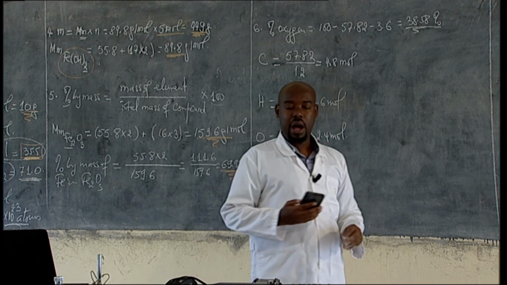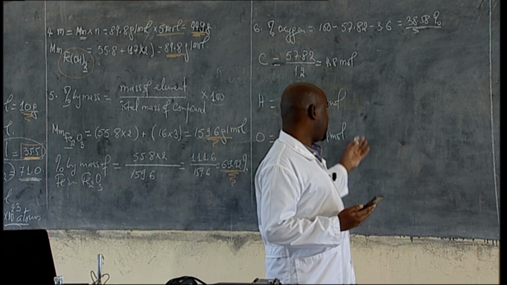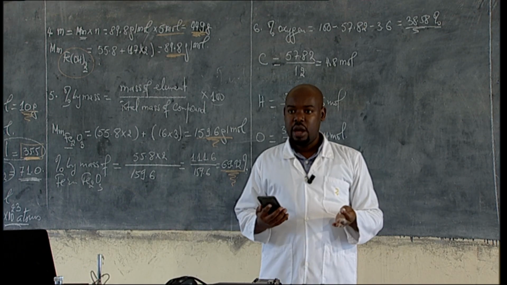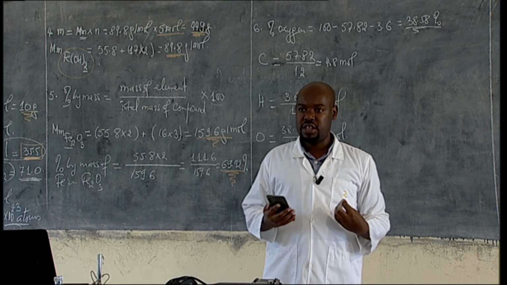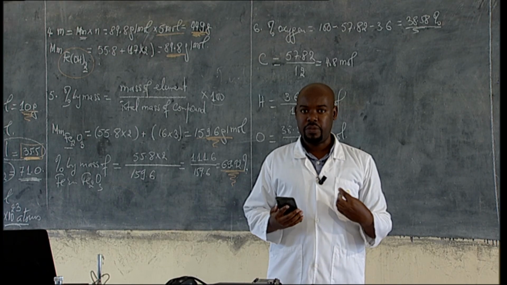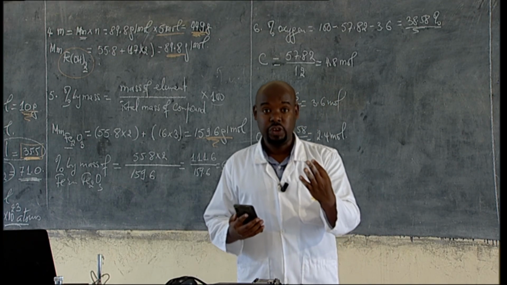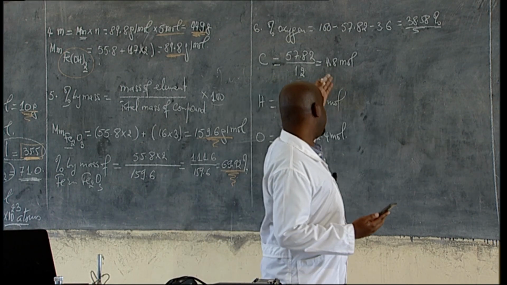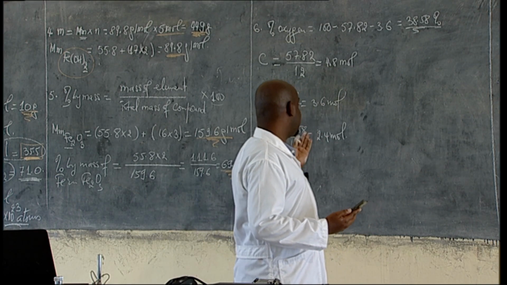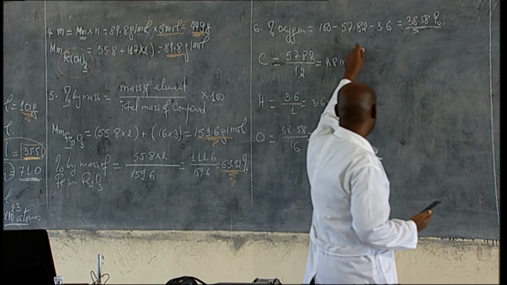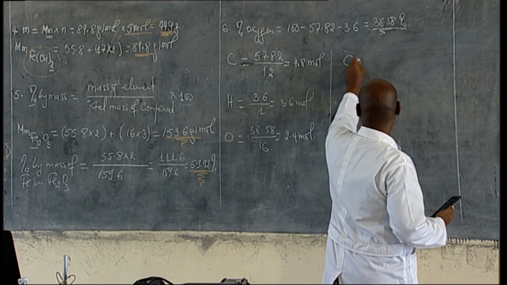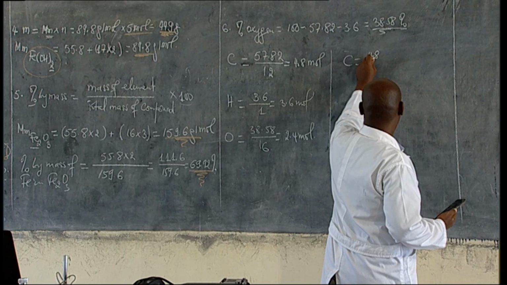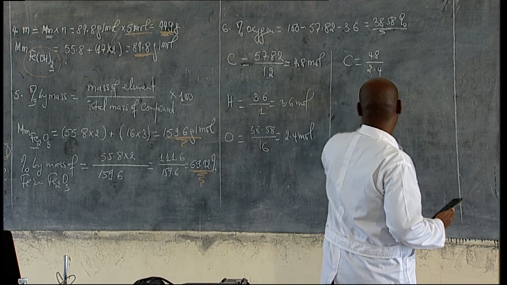Do you remember how from this step we can determine the empirical formula? Because there it is said we find the empirical formula. Yeah, I'm very sure you do remember. We divide each of the number of moles by the smaller one. For carbon, we get 4.8 over 2.4.